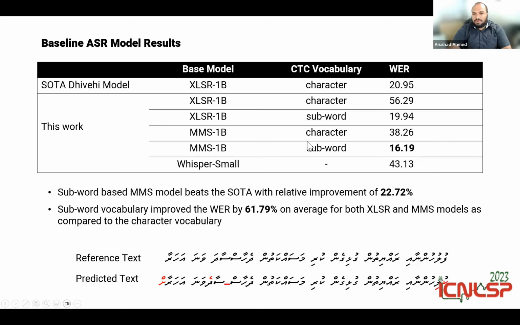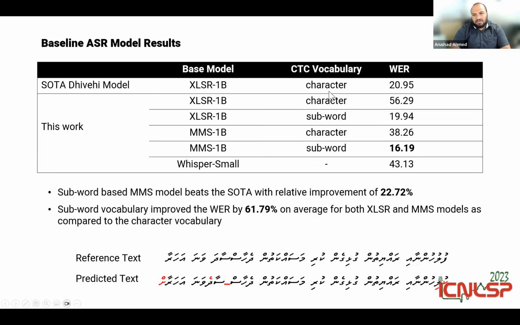More interestingly, you can see that our subword-based models performed much better. In fact, on average, they were able to improve the word error rate by 61.79% as compared to the CTC models which use the character-based vocabulary.